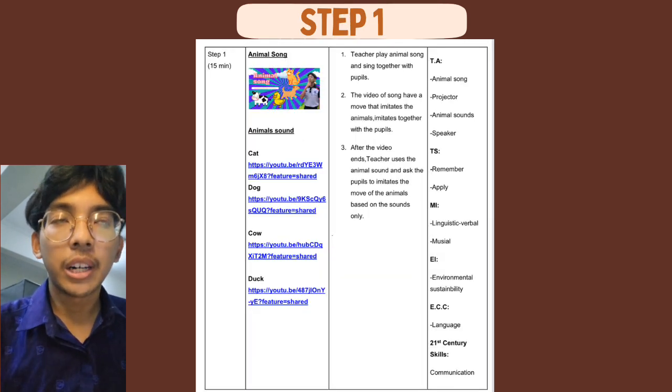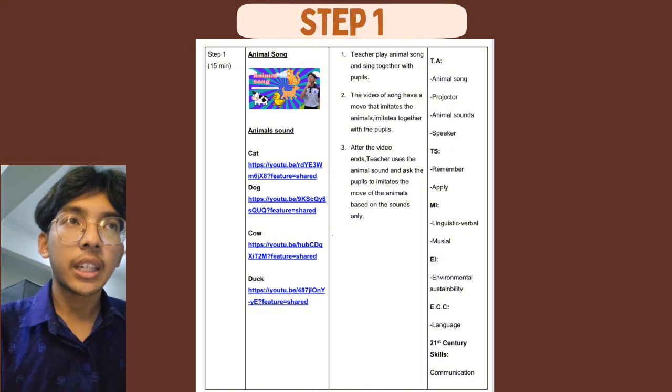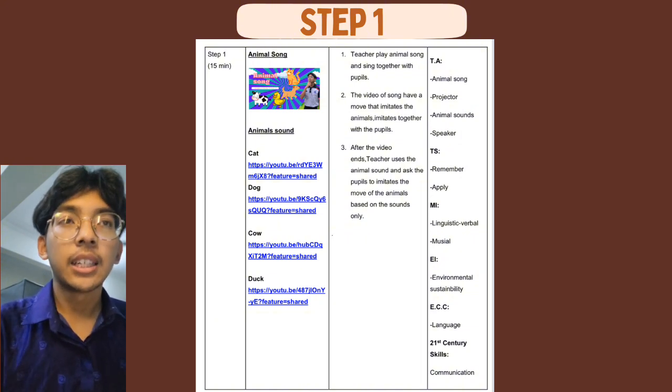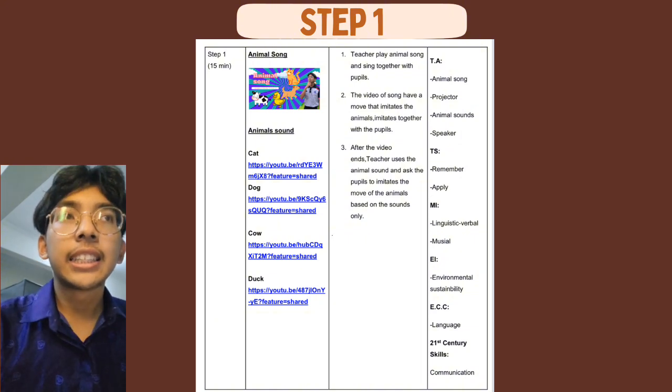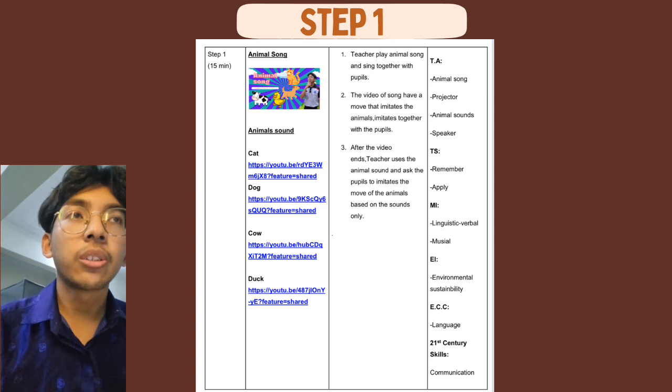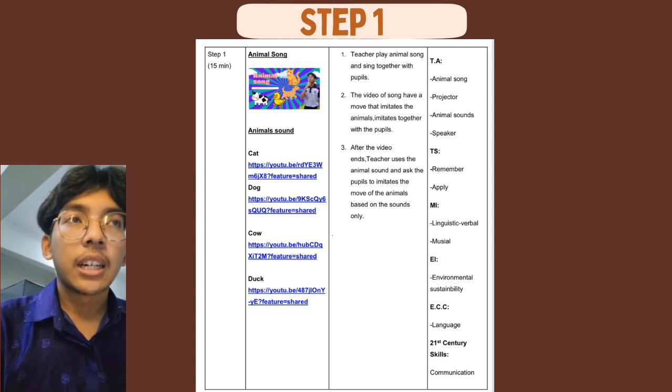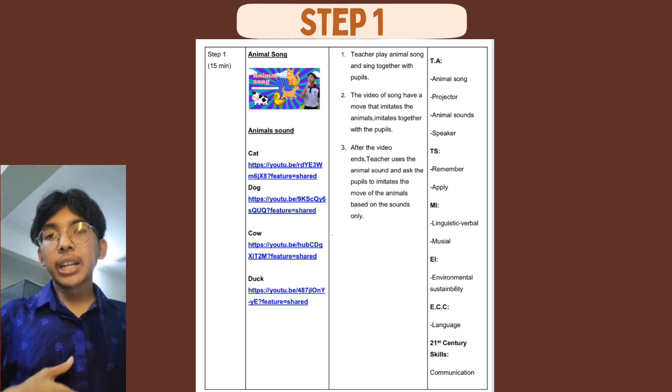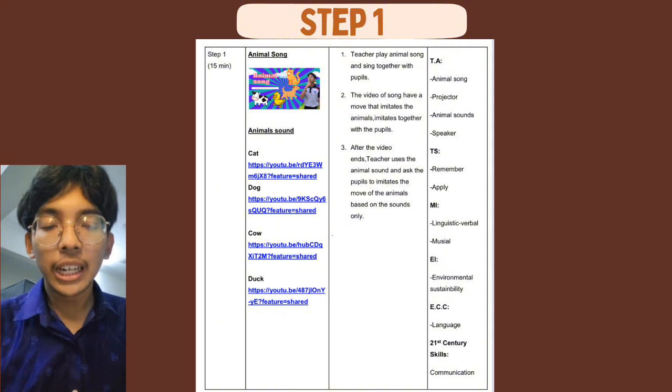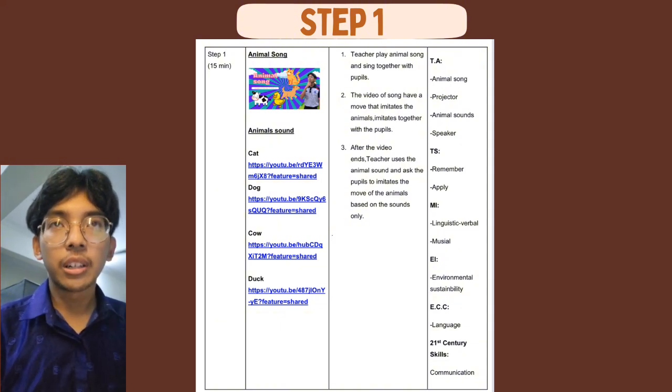So step 1 is the animal songs and animal sounds. The first one is the teacher plays an animal song and sings together with the pupils. This is because we want to guide the pupils first before they try to do it themselves, to challenge themselves to know the sound of the animal.